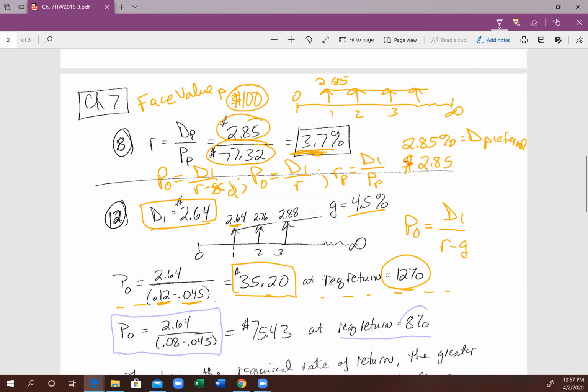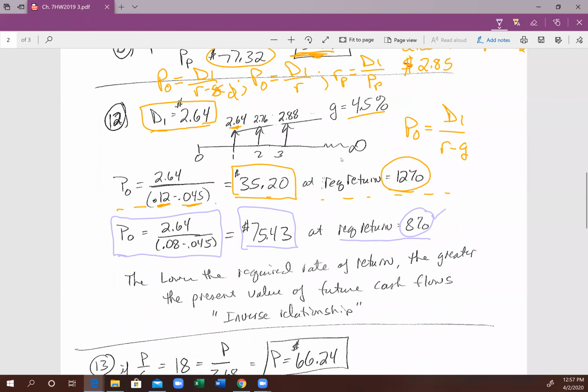And at a required rate of return of 8%, plug that back into our formula, and we find out that now this stock is worth $75.43, or that's the most we'd pay if we only require an 8% return. So the less you require as a return, the greater the present value of the future cash flows are.